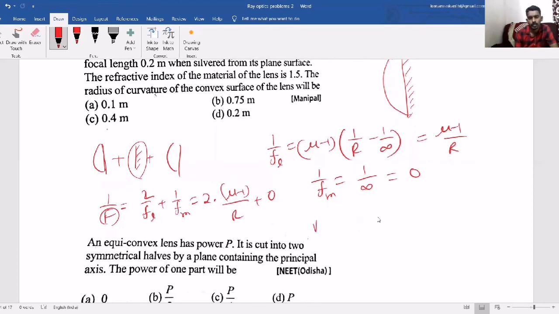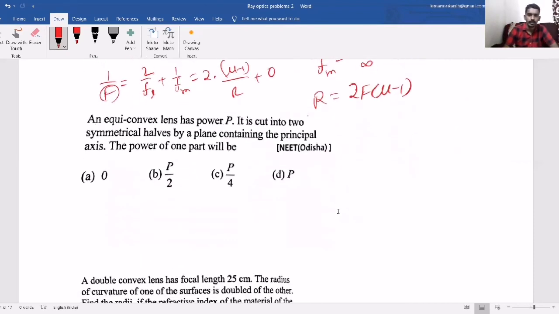So from here, the radius of curvature they are asking, r equals 2f into mu minus 1. Mu value is given, f value is given, and you can find the r value. So as I said, they can also ask questions based on the silvering of a lens. So here the question is about silvering of a lens.